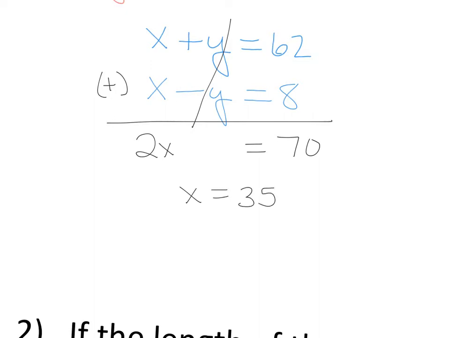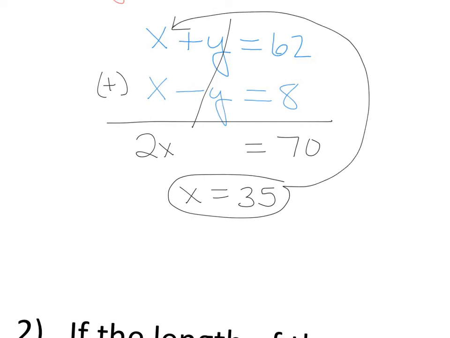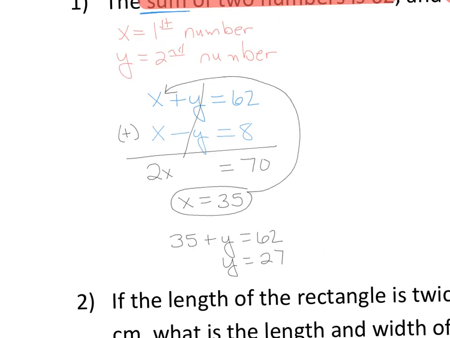Now you still need your second number, so you're going to take that and plug it back in up here. Again, it doesn't matter which equation you plug into. So we've got 35 plus y equals 62. We subtract 35 off and get 27. Now the last step is we need to write a sentence.